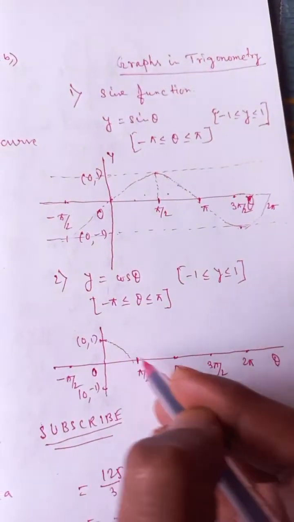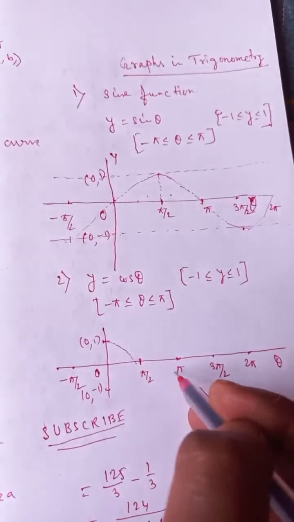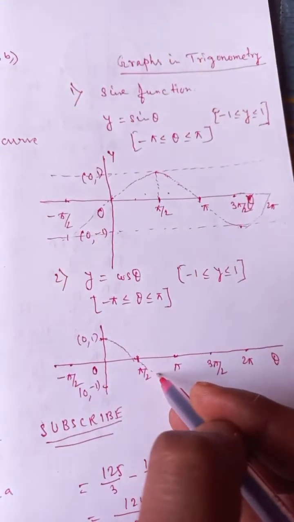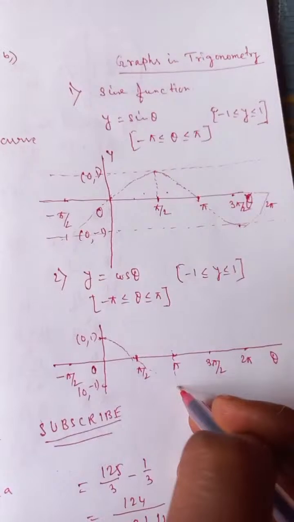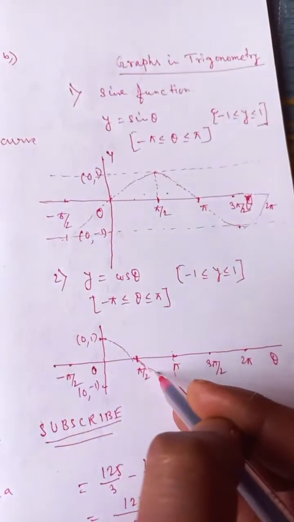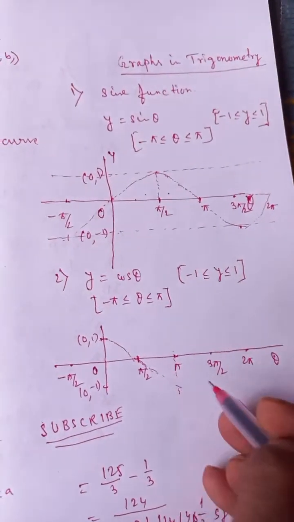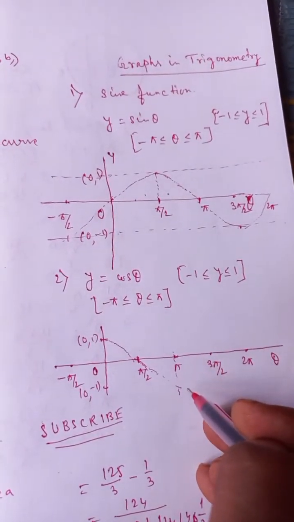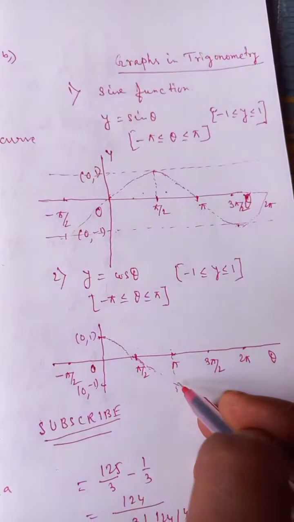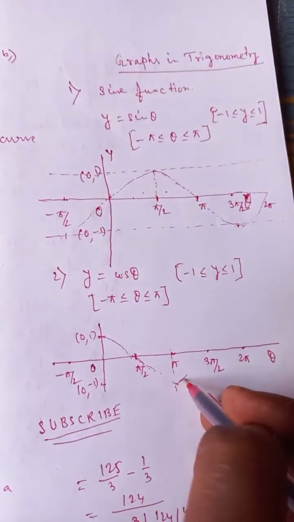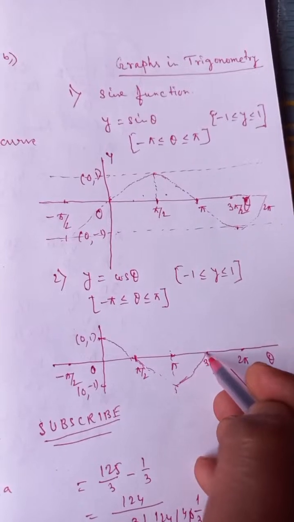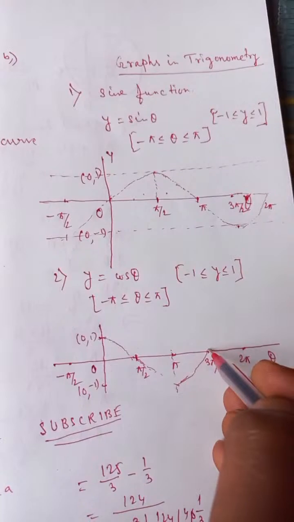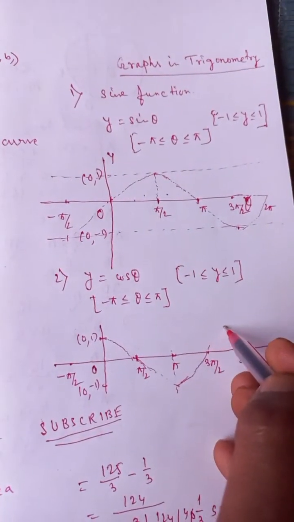For the first quadrant it is positive. For the second quadrant, pi by 2 to pi, it will be negative, so it comes here to touch, and then in the third quadrant cos is again negative, so it will touch in this way. For the fourth quadrant, 3 pi by 2 to 2 pi, cos is positive, so it touches here.